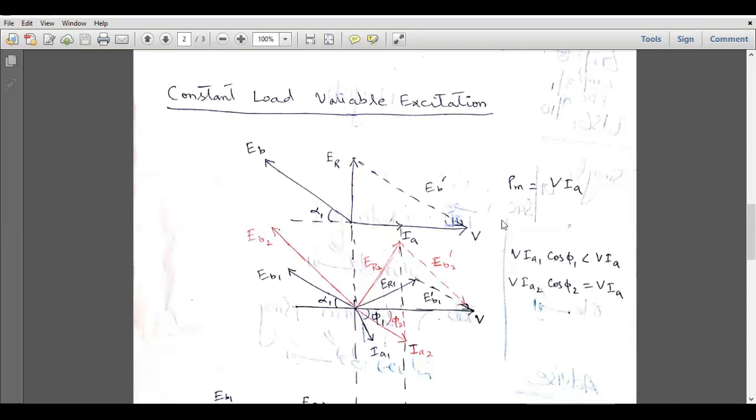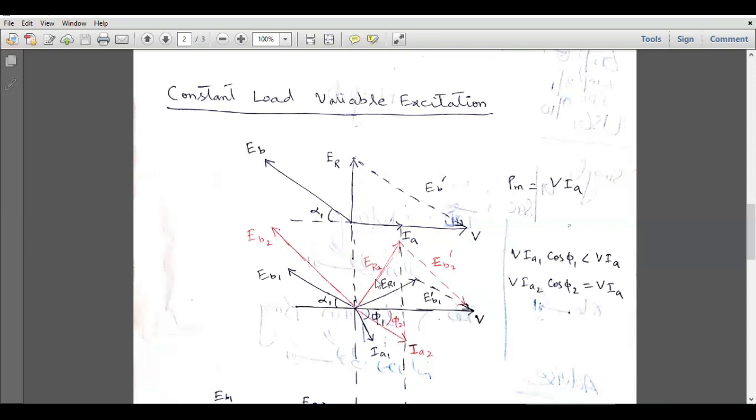But when we are running the motor at constant load, then as a result of reducing the excitation, the mechanical power generated by the motor will be small, and then the motor has to extract more power from the supply to satisfy the load.